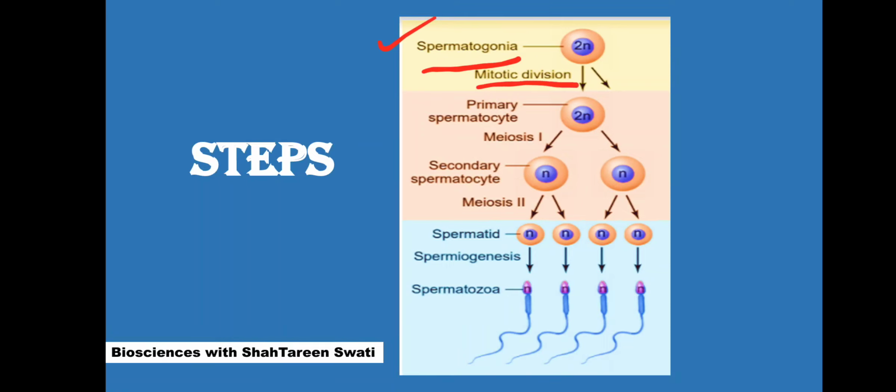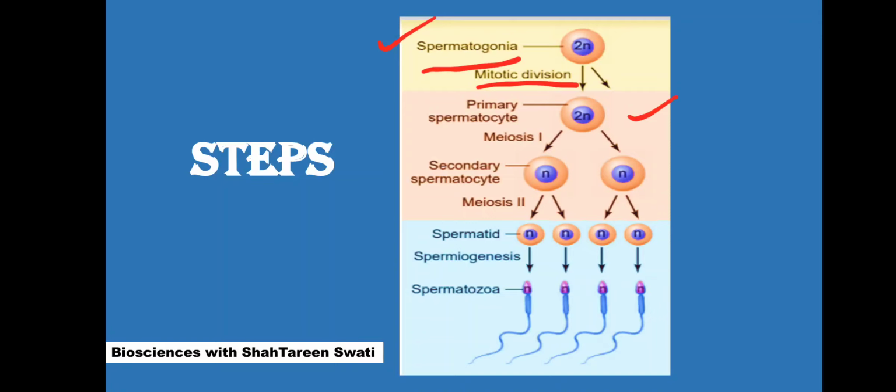In mitotic division, the diploid number of chromosomes remains diploid, and mitosis is responsible for increasing the number of cells. So here spermatogonia undergo mitosis to increase their number. When mitosis occurs and the number of cells increases, these cells become mature and form the primary spermatocyte.